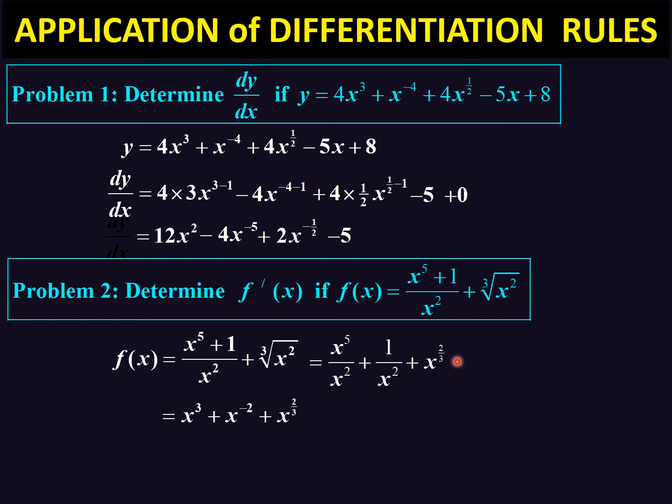Still not ready? So x to the 5 divided by x squared becomes x to the power 3. 1 over x squared becomes x to the negative 2. That's already in power form. Now we're ready to differentiate. So the derivative there is 3x squared, negative 2x to the negative 3, plus 2/3 x to the negative 1/3.